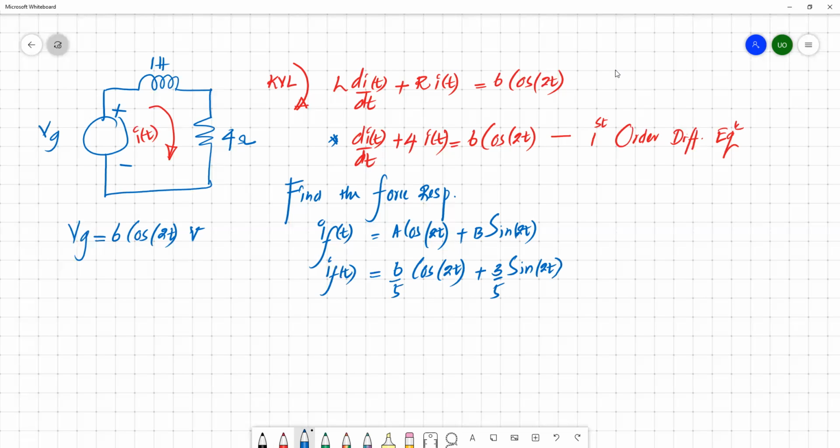If you want to find the natural response, we can get the characteristic equation.